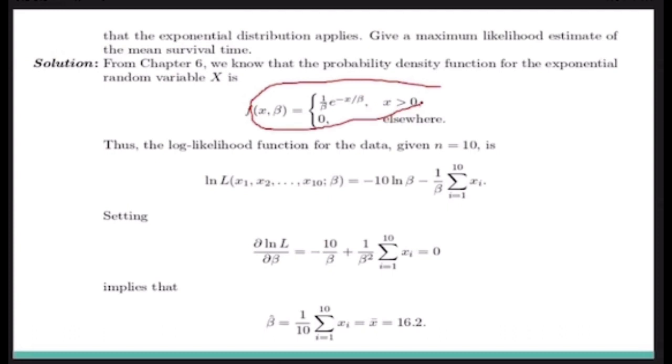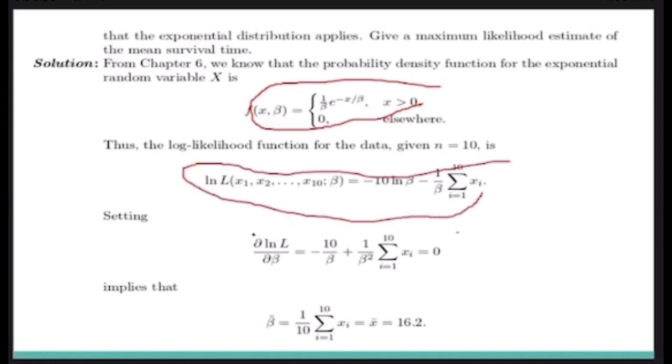Now, this is the exponential. When I have a distribution like this, I need the parameter beta. You can use the method of maximum likelihood. First, write this in a likelihood form. Then take the log. After taking the log, differentiate with respect to beta and set it to 0.